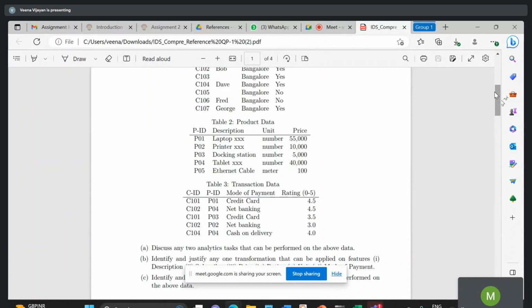If rating is there, we can take predictive. Rating indicates what? That can be customer rating also, or the rating of that product. But it is a transaction rating.